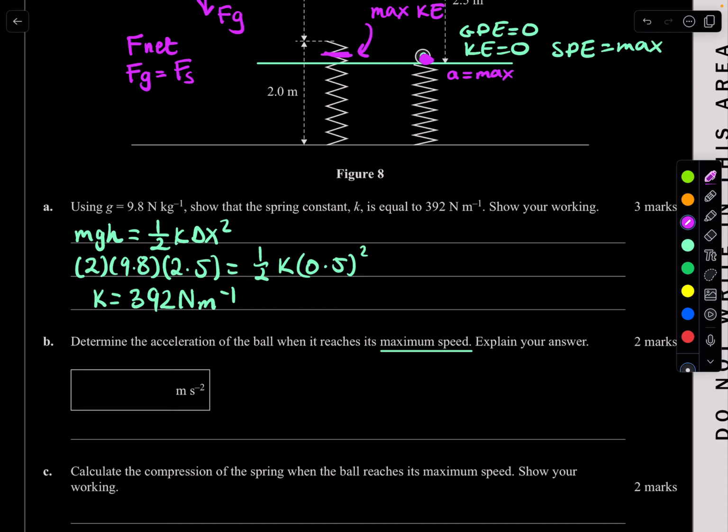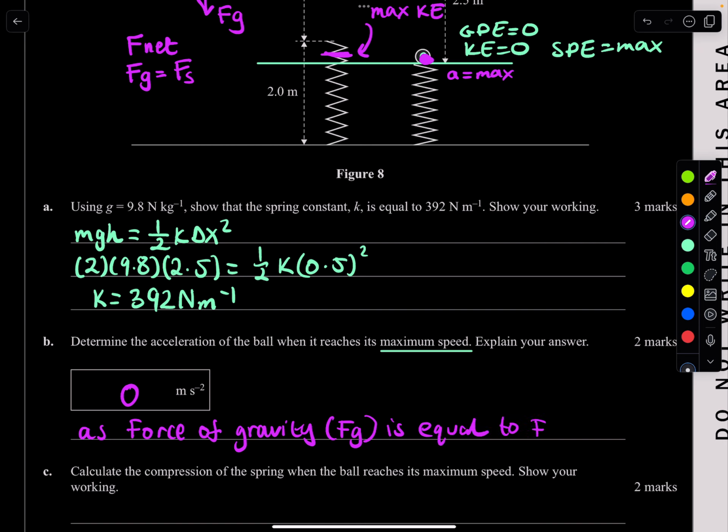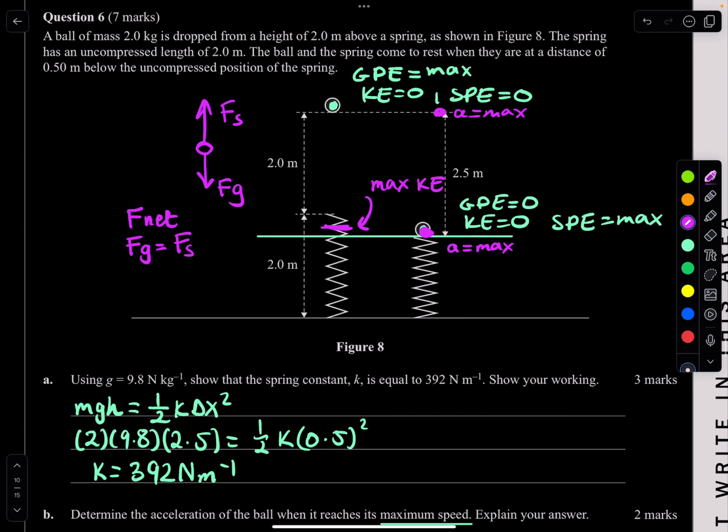So acceleration is 0, and because F net is 0, the force of gravity, Fg, is equal to the force of spring, Fs. This is very important. You guys need to remember.